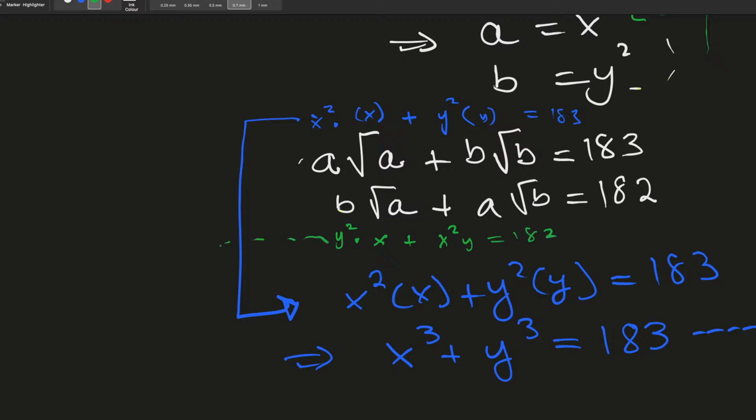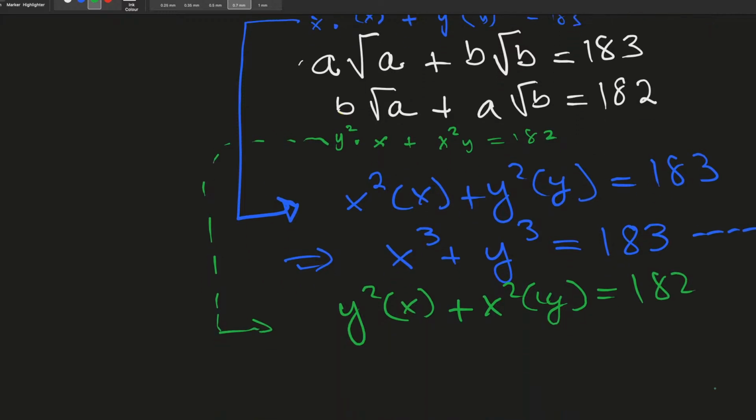So therefore, I can confidently write that y squared multiplied by x plus x squared multiplied by y is equal to 182. If I simplify this, I'm going to get xy squared plus x squared y is equal to 182. So this, we call equation 2.